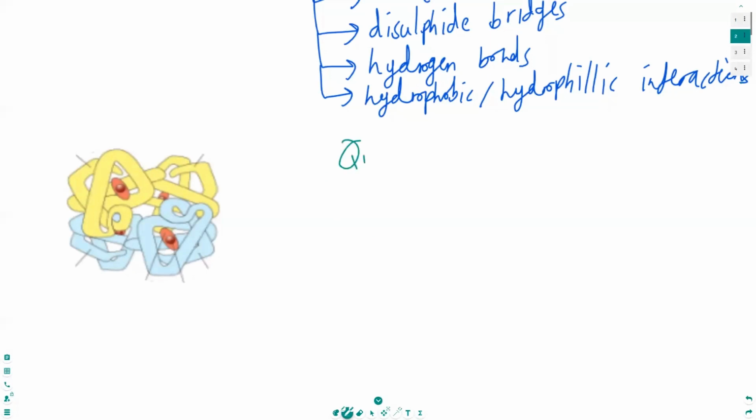So hemoglobin is one of those examples of proteins that have a quaternary structure.